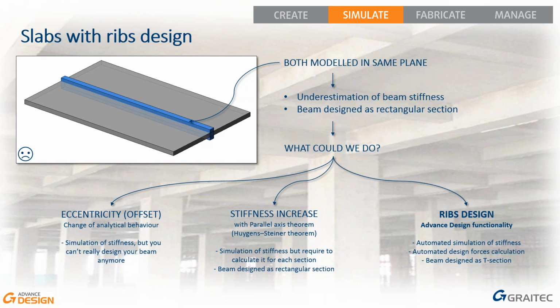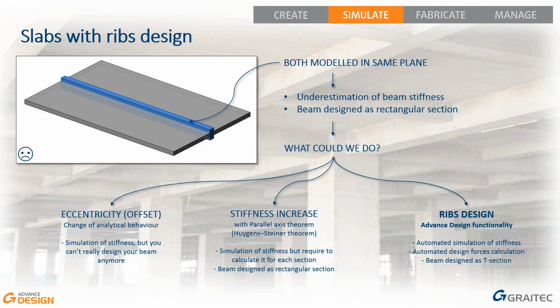Next, there is the stiffness increase, for example, using Steiner's theorem. You just change the inertia of your section to simulate that the beam is beneath your slab. Again, you still have to design your beam as a rectangular section, so that's not all that you could do.